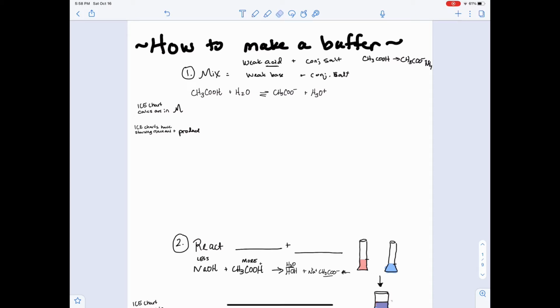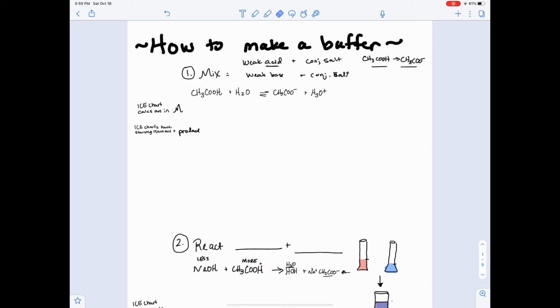So it's just the acid without the H. Then if we look at the weak base, a lot of times we have ammonia. So it'll be something like NH3, and then you add an H to it, so NH4 plus, and it's going to have something again balancing it, Cl, Br, something like that. So that's the salt of that.